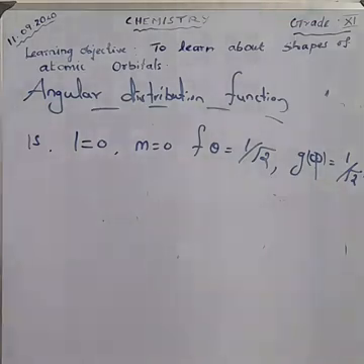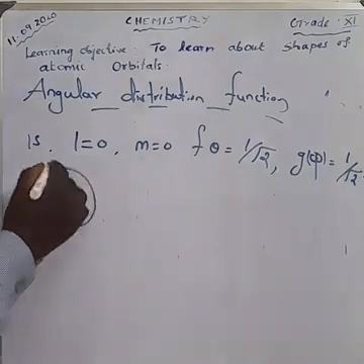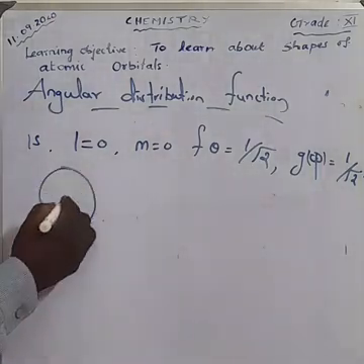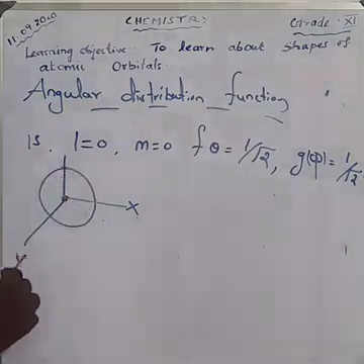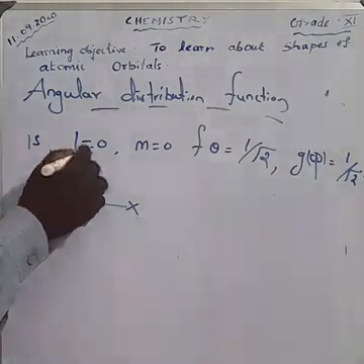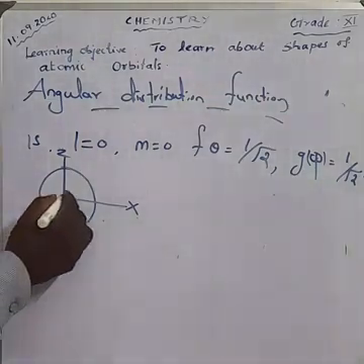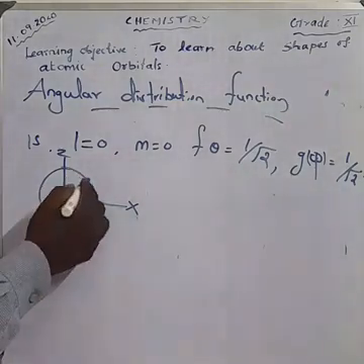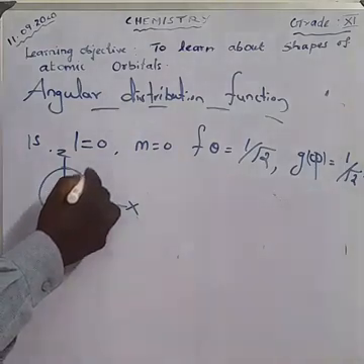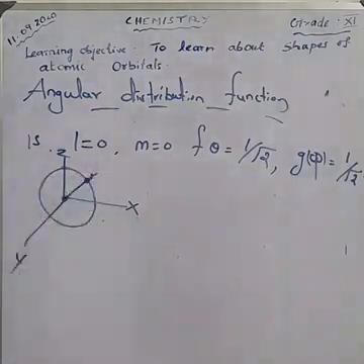Here the diagram: for example, this is the hydrogen atom, the center is the nucleus, this is the x-axis, this is the y-axis, and this is z. Here we are giving the radius r, the distance between the electron and the nucleus.